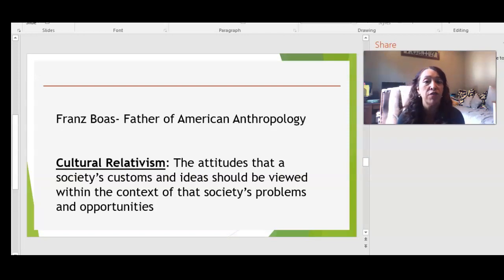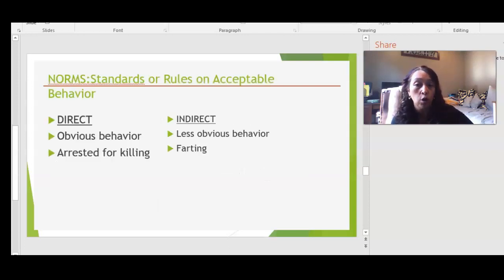He was considered to be the father of American anthropology, and he comes up with cultural relativism, and he says this concept is very important because we have to analyze a society adapting within its own environment and within its own context and problems and opportunities. We have to step outside of ours and not be biased. We have to have these non-biases when we're studying culture.